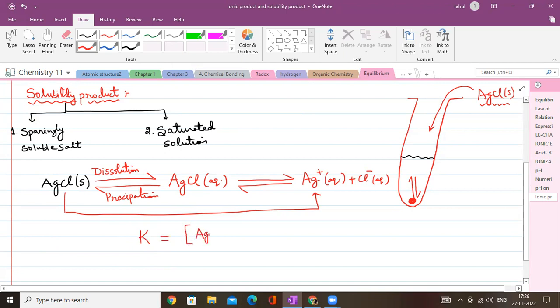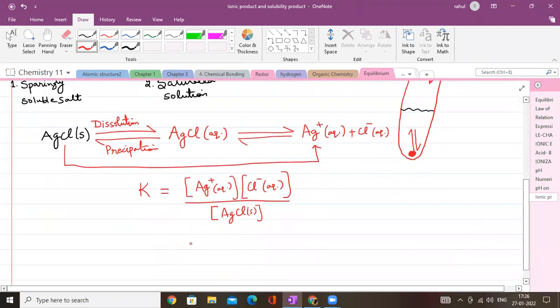The product of the active molar concentration of Ag ions and of course Cl ions, divided by AgCl, of course in solid.